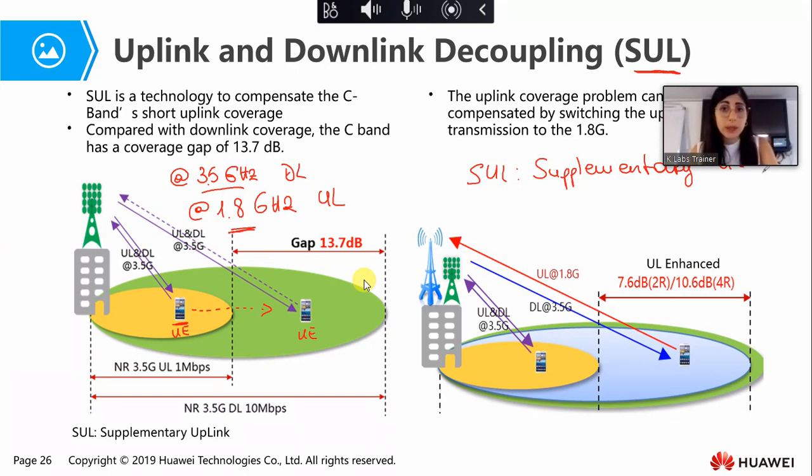Uplink and downlink decoupling is a technology that is used to overcome the problem of unbalanced coverage between uplink and downlink when we are working at the C-band and the user equipment moves far from the base station. Because in this case, we have a coverage gap of 13.7 dB. This is from some tests that have been performed.